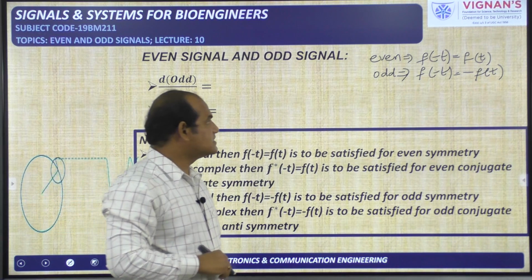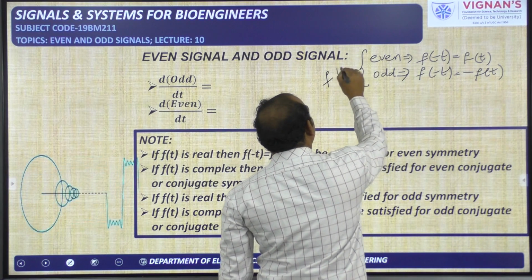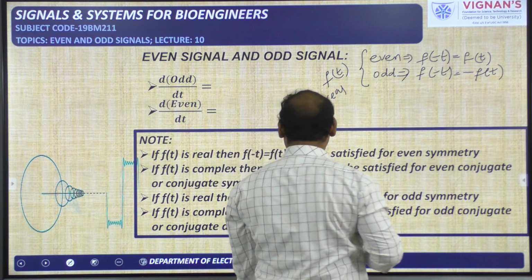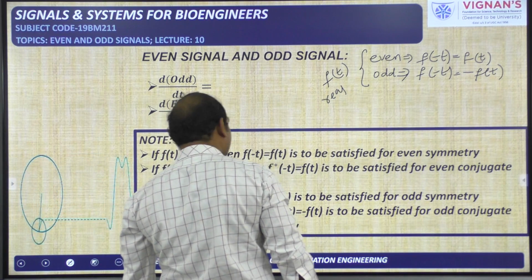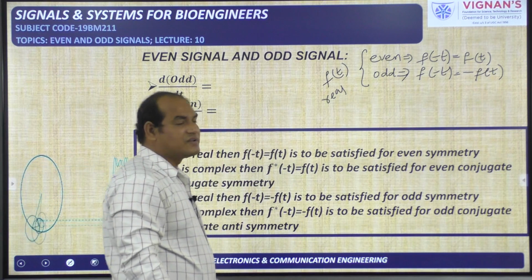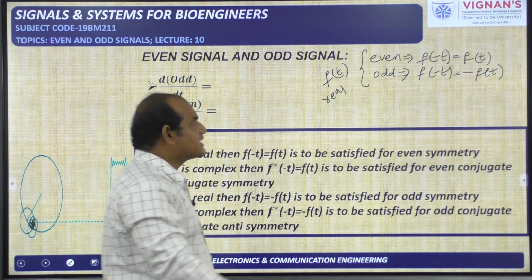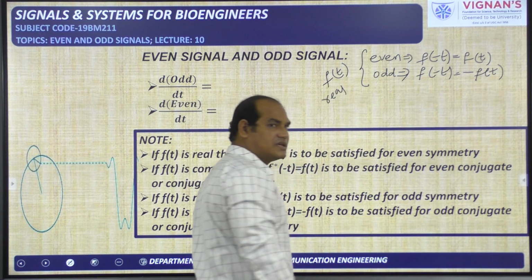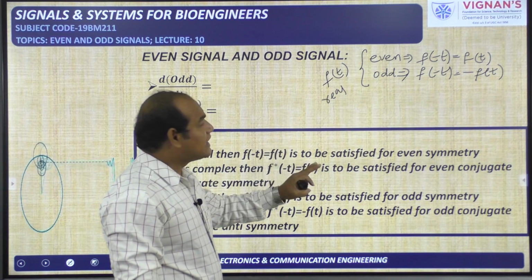But one condition is here: f of t must be a real signal. Only if f of t is real are these definitions valid. f of minus t equal to f of t and f of minus t equal to minus f of t are the definitions for even and odd, but they are valid only when f of t is a real signal.